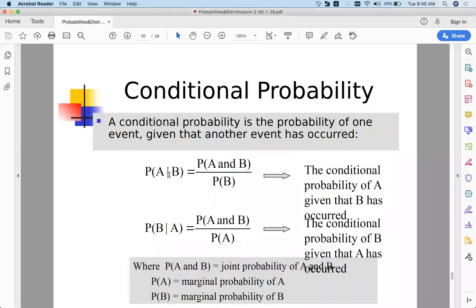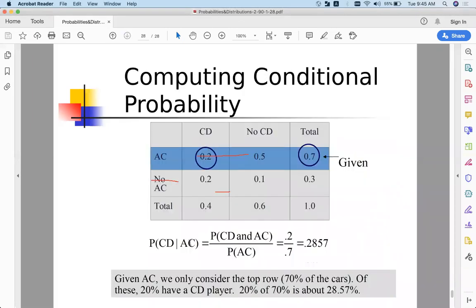The formula is P of A by B is P of A and B divided by P of B. Now, P of CD by AC, the probability of selecting a car which has a CD player, given that it already has AC, is given by probability of CD and AC divided by probability of AC.